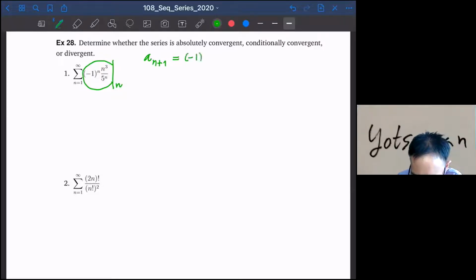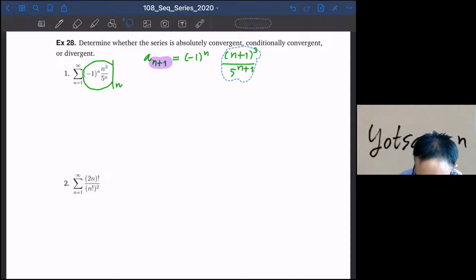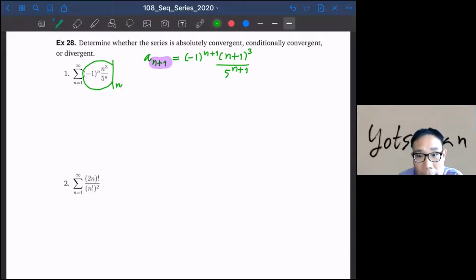So it's going to be negative 1 to the n plus 1, to the third, over 5 to the n plus 1. You see the place where you replace n with n plus 1. I made a mistake already, so this is going to be n plus 1, sorry. And this will be your a_{n+1}.